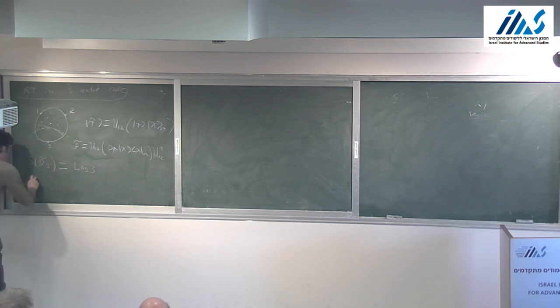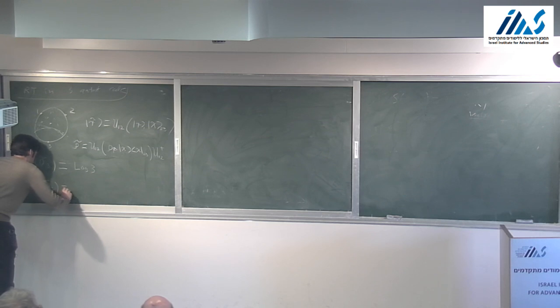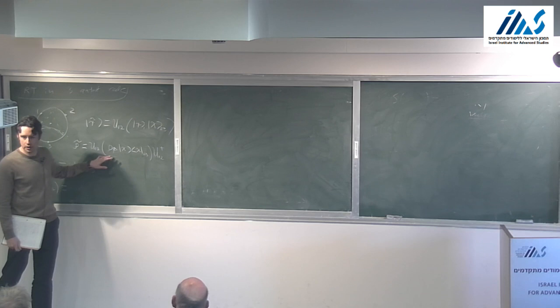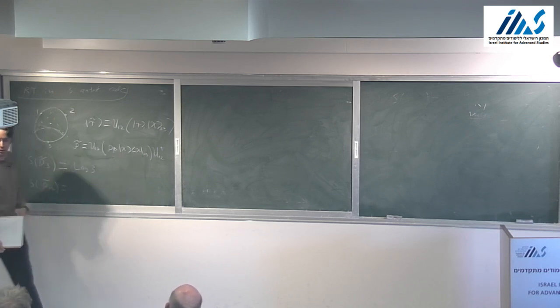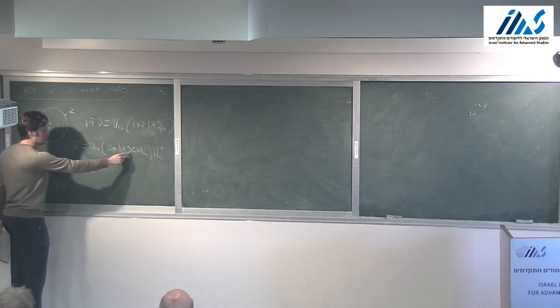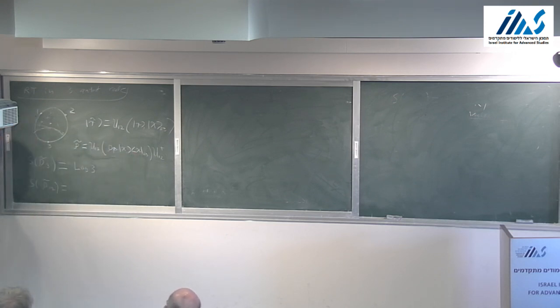Okay. Similarly, we can compute S of rho tilde 1, 2. Again, the unitaries can be ignored because the von Neumann entropy is invariant under unitary conjugation. So we just have to compute the entropy of this state on the first and second Q-trit. It's a product state, so we just get a sum of the contribution from here and the contribution from there.